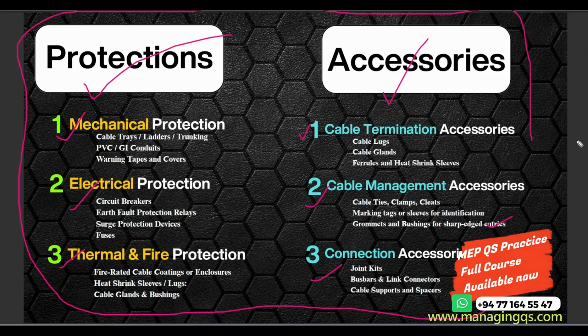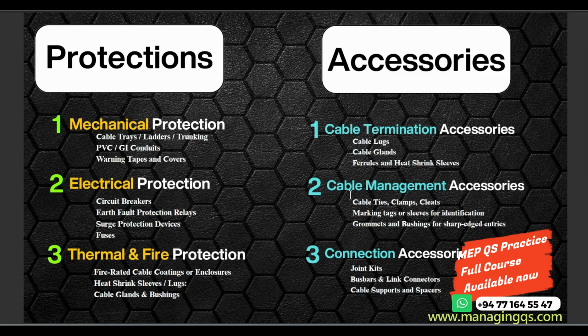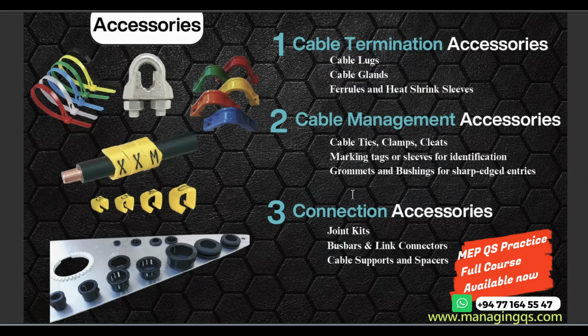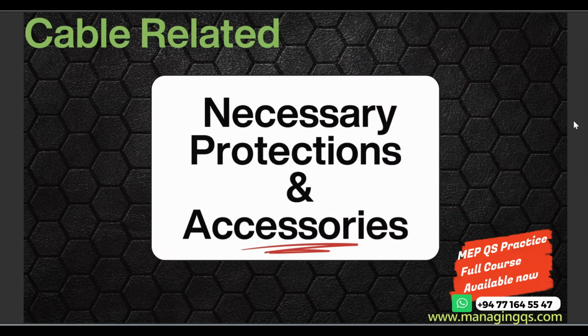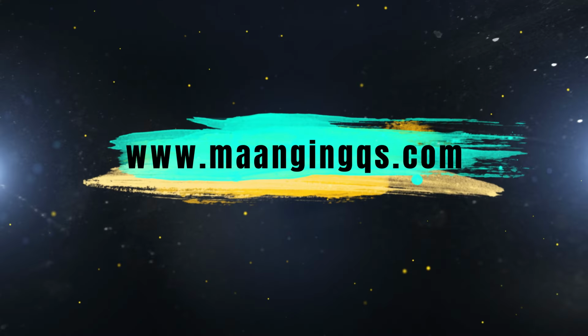You can also assume, or sometimes consider these factors. Actually, at some tendering times, the detailed drawings for necessary protection and accessories cannot be provided sometimes. These are rare scenarios. At that time you can easily assume, okay, we can consider these types of necessary protection and accessories for this cable measurement, and you can easily produce the rates.